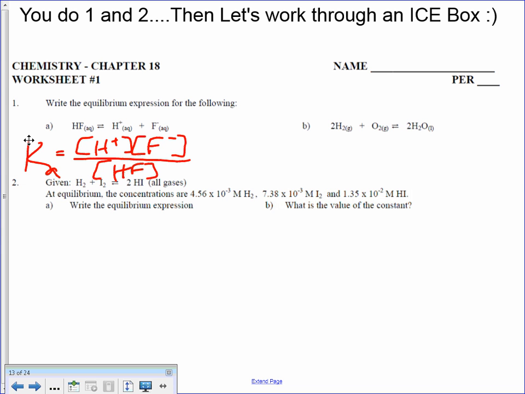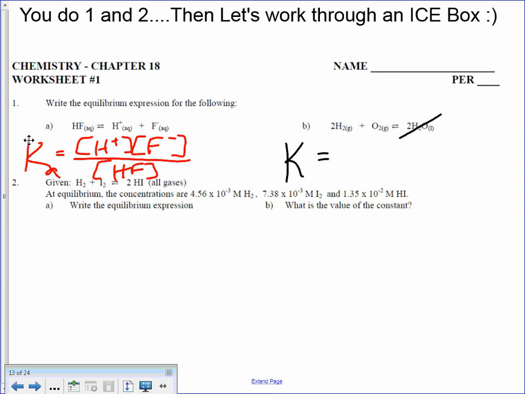All right, so let's do this one over here. You guys tell me what I'm writing. K is equal to, the first step, always, is to ask, do I have pure liquids or pure solids? Yes. Okay, so do I write this? No. I actually just put a scratch through it so I know up front I'm not writing it.